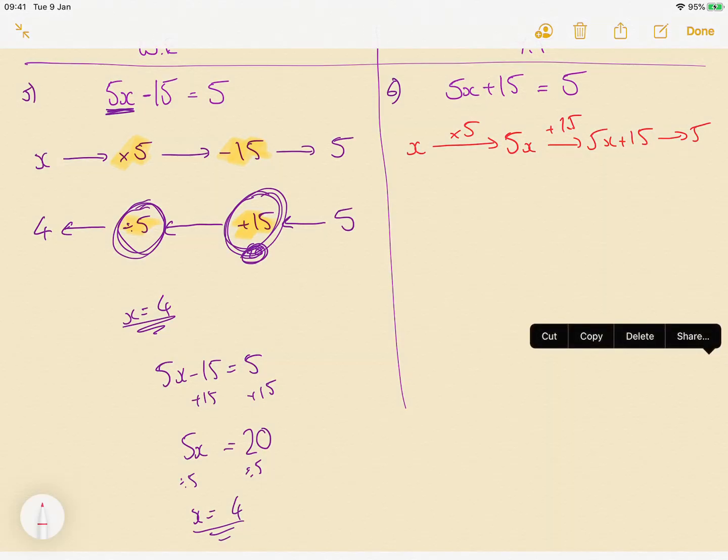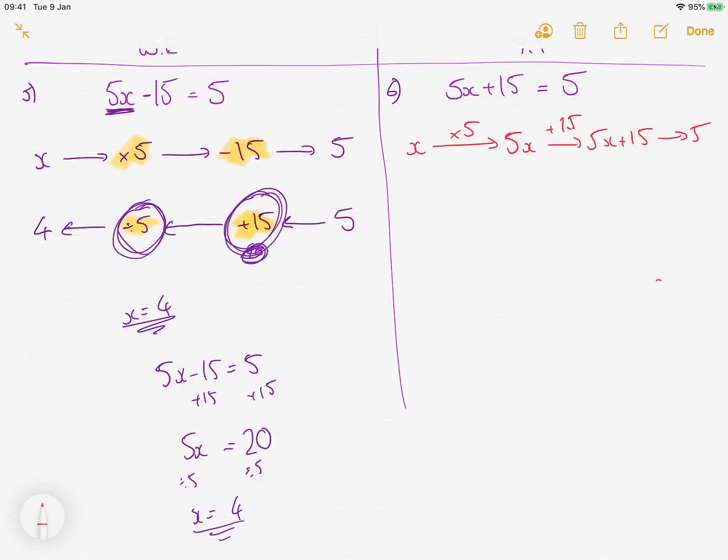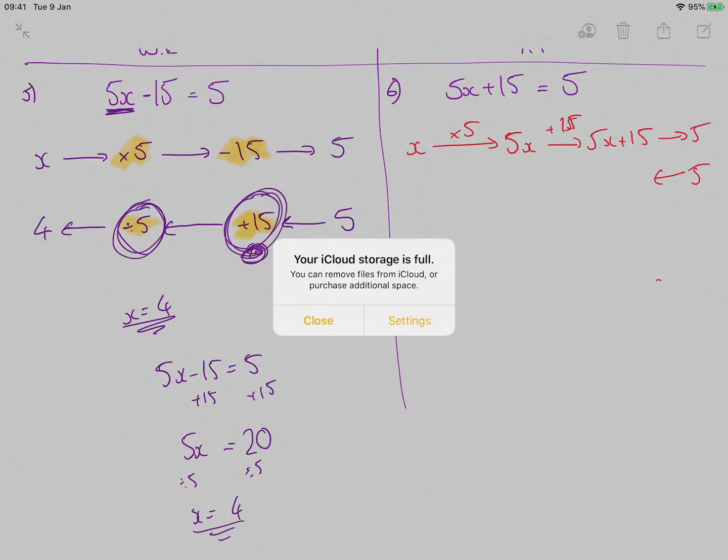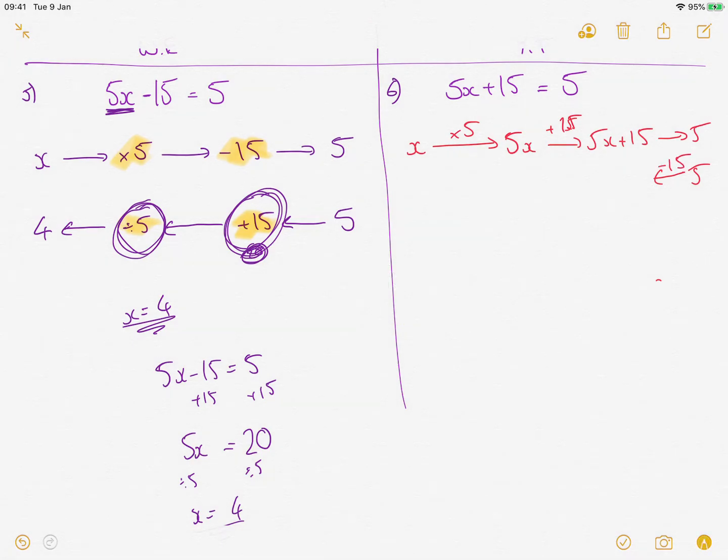So, working back the other way, if we do, hold on, I've laid it out a bit differently here. If we do take away 15, then we start to get to some negative numbers here, which is again where the bar model might be a bit difficult. 5 take away 15 is negative 10. Divide by 5 gets us to negative 2.